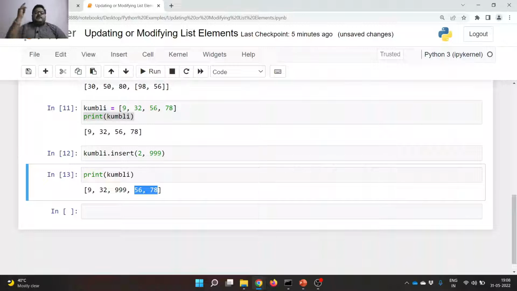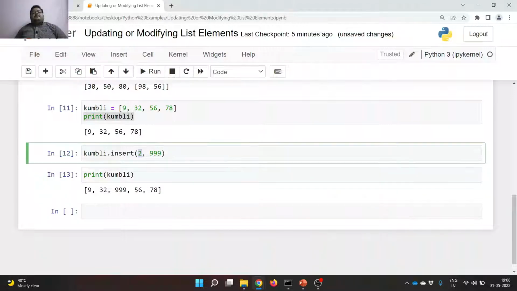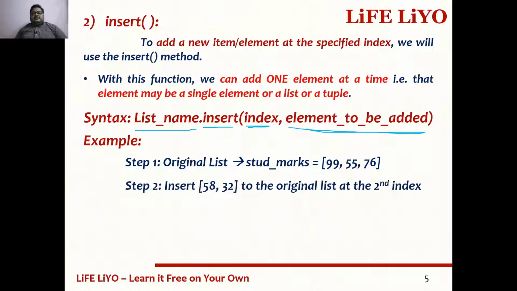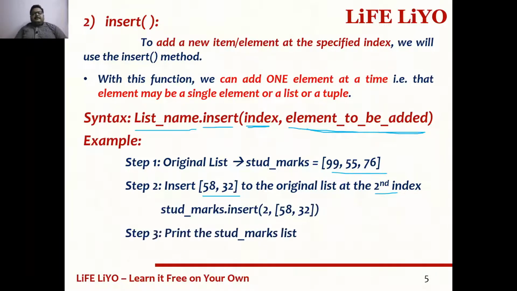Append means it is going to add at the ending only, but insert is going to add at the respective index position. So in the student marks 99, 55, 76, insert 50, 32 at the second index. Same, 2, 50, 32. Print the student marks. We are going to get the same thing.